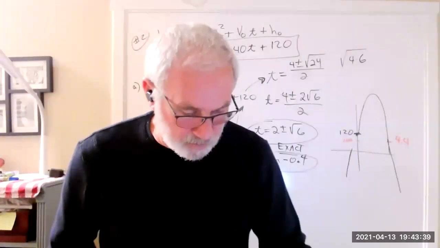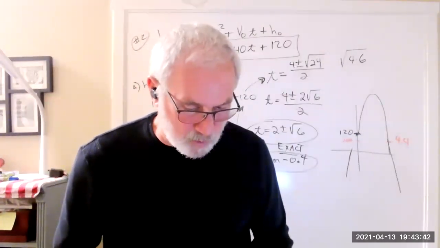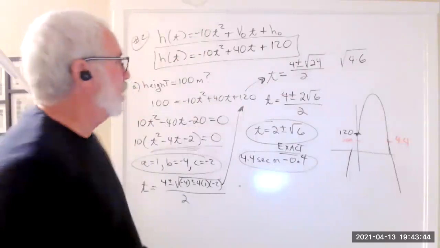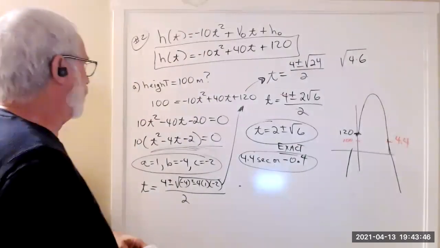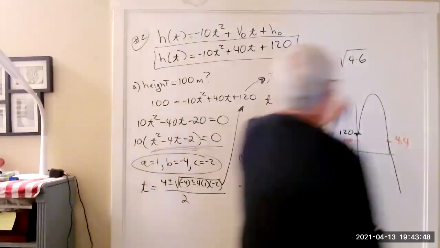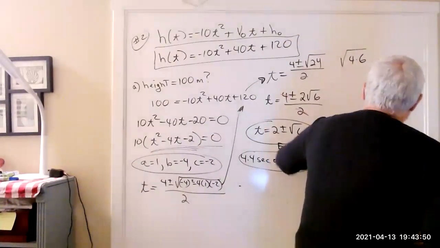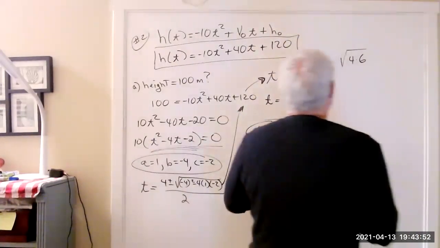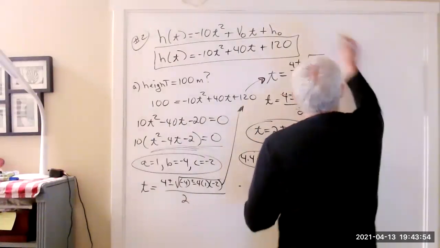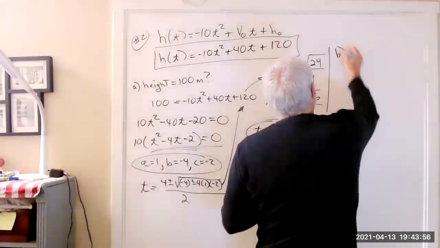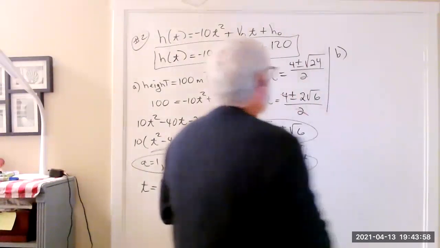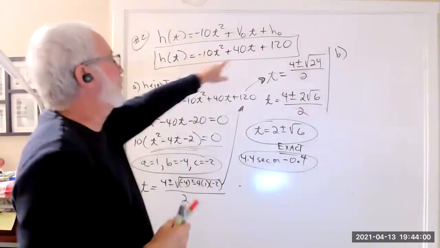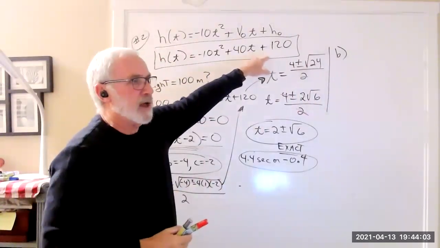What about the Princess one? When does it hit the ground? How would we modify our work? What would our equation look like if we did part B? Would the 120 part be 0? Nope, the 120 is built into your formula. You have to start with that.